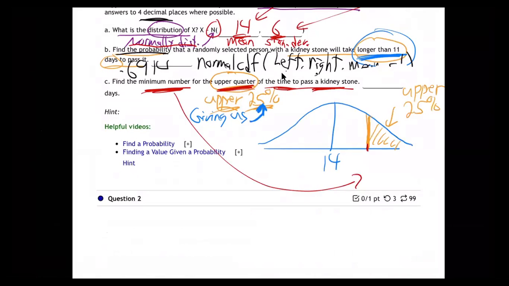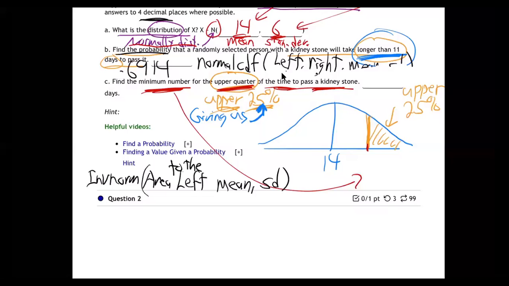So we're going to say, okay, inverse norm, area left, mean, and standard deviation. And what do we mean by area left? It means area to the left.